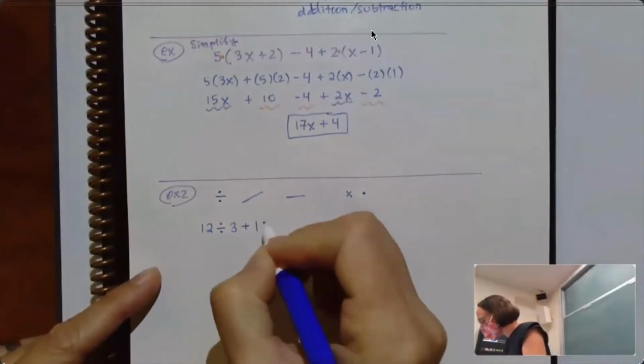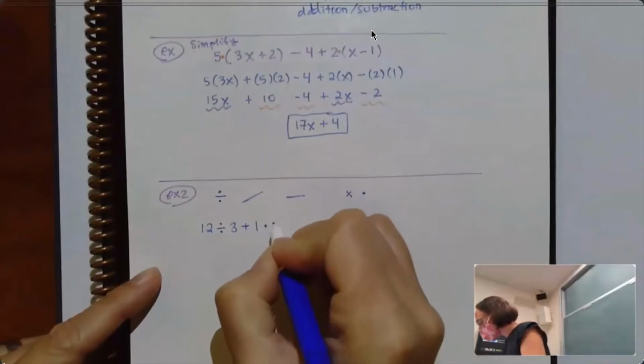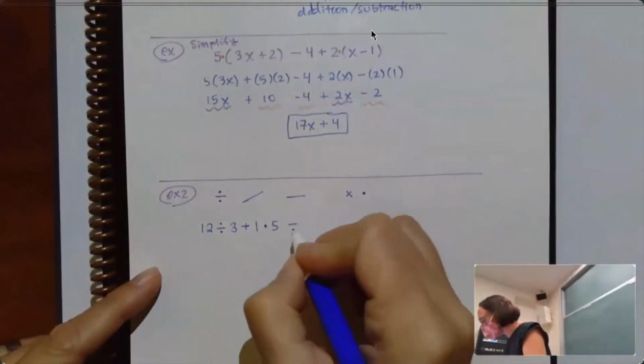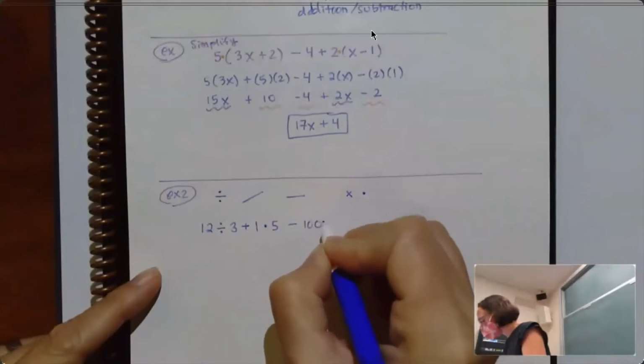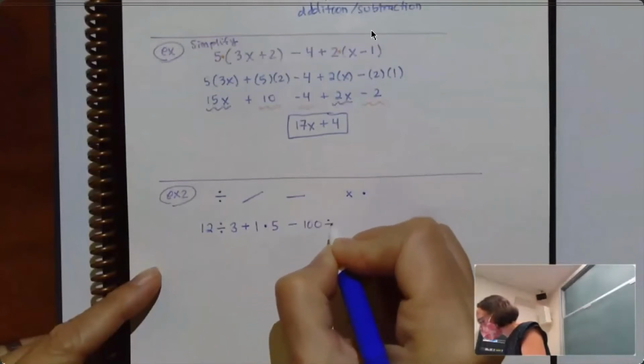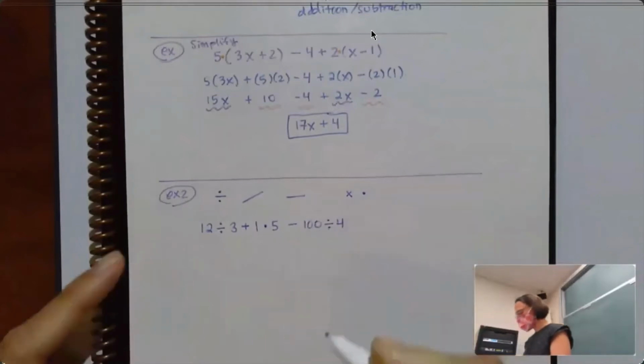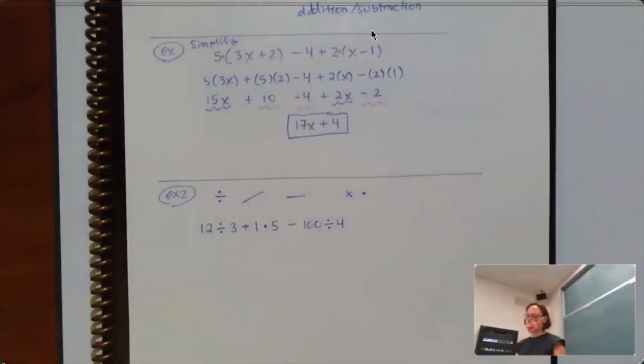So let's say that I had something like that. I mean, that might actually be something that you would do if you were typing this into a calculator.